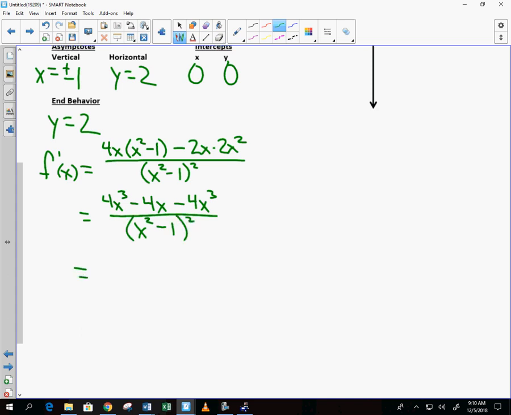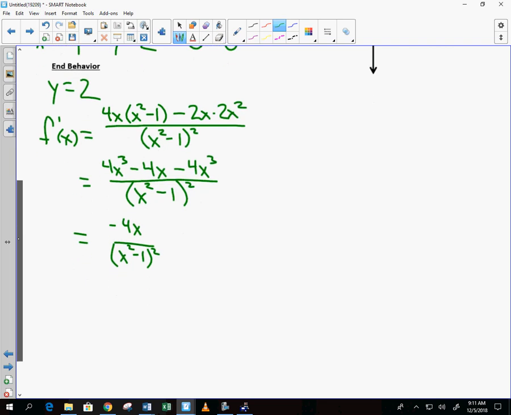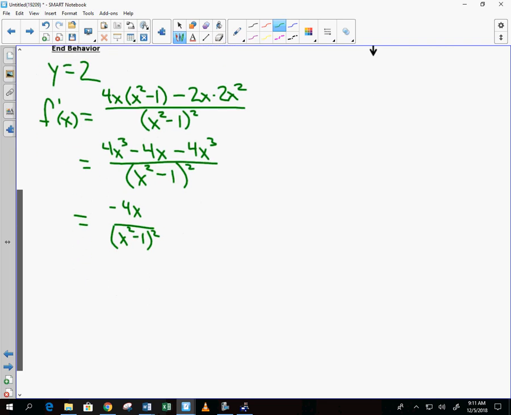So that means in the top, the 4x cubes cancel. I get negative 4x over x squared minus 1 quantity squared. We all good?